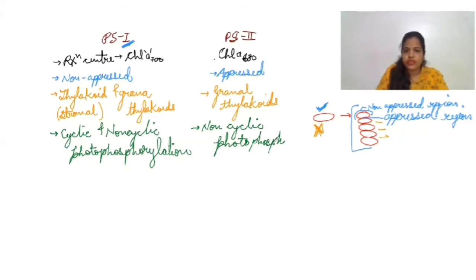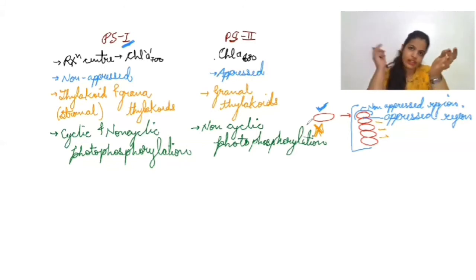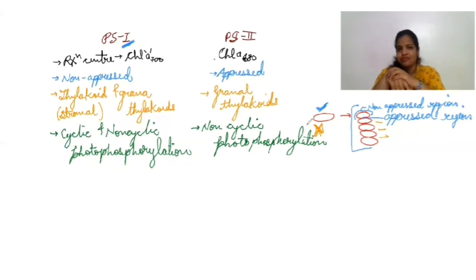Okay. So I'll not explain here what the cyclic and non-cyclic terms are, but I'll explain what this photophosphorylation is. You get to study in plant physiology two terms, oxidative phosphorylation and photophosphorylation. Photo means what? Light. Phosphorylation means what? ATP formation.